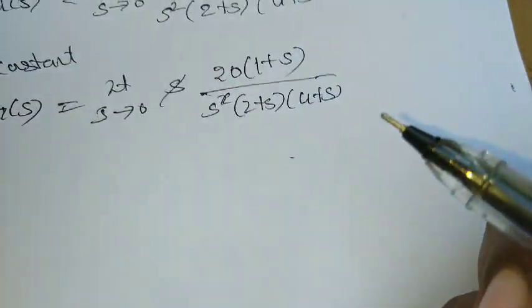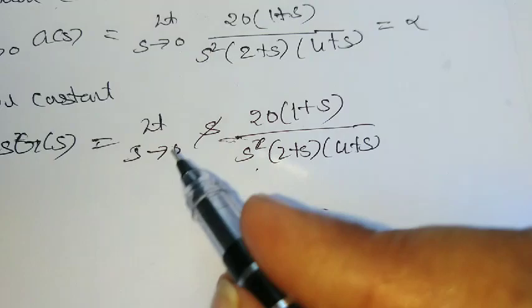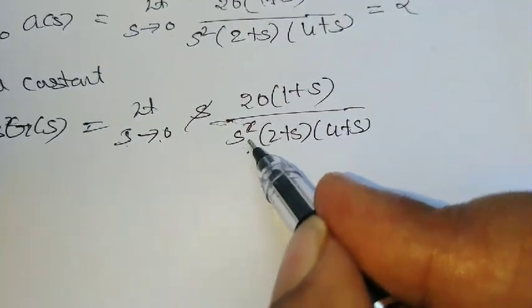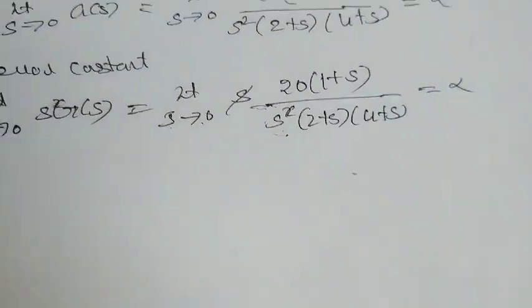The s in the numerator and one s in the denominator will cancel, still one more s remains. If I substitute s equal to 0, this denominator term will become 0, and something by 0 is again infinity.